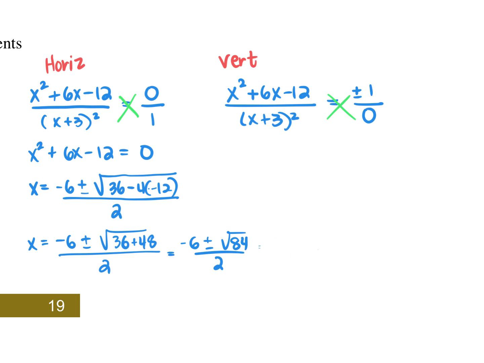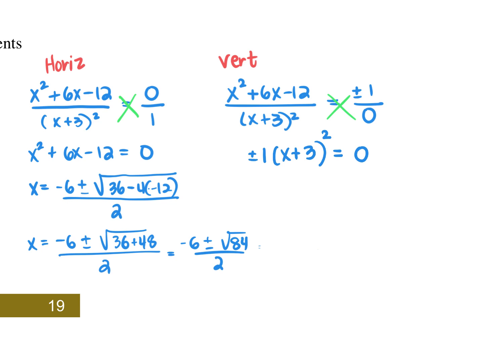What do we get? Plus or minus x plus 3 squared equals 0. Okay, plus or minus 1. Well, if you don't like the plus or minus 1, divide by plus or minus 1.